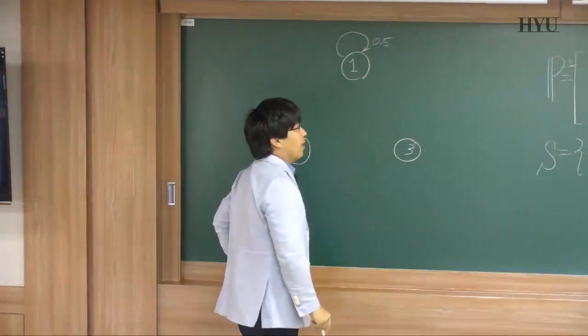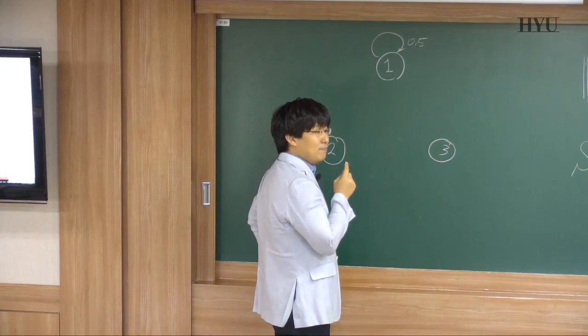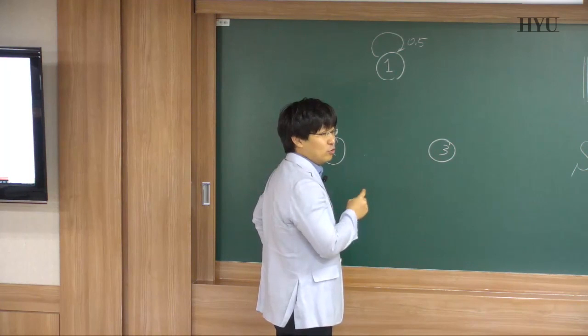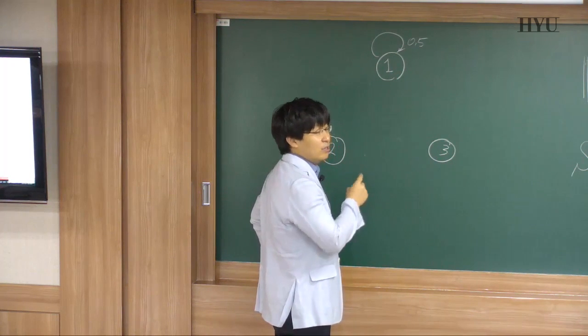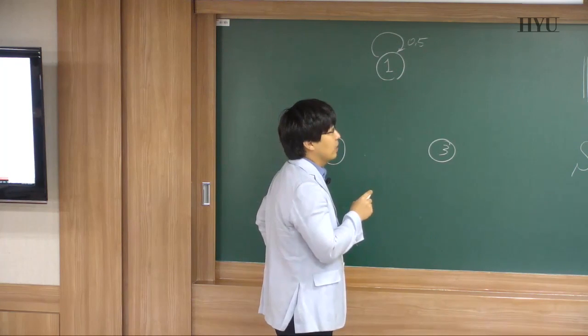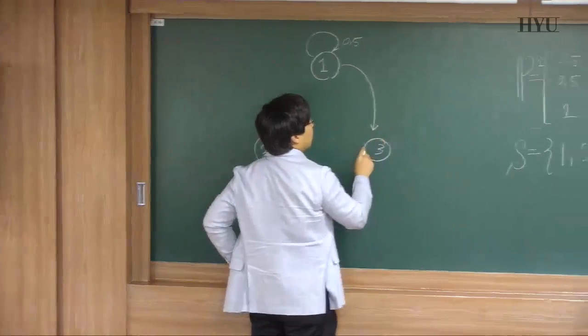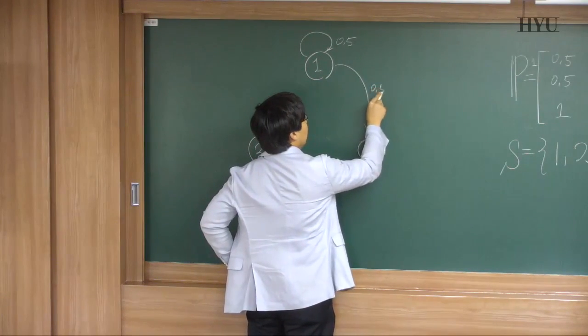Is there any positive one-step transition probability from 1 to 2? No, it is 0, so you don't have to consider such an arc. How about 1 to 3? Yes, with probability 0.5.